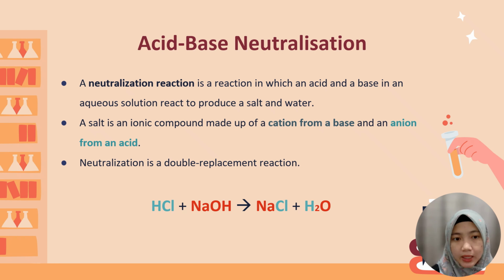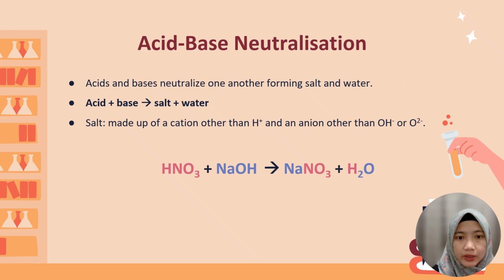This process, neutralization, is a double replacement reaction because we replace the cation and anion between the acid and base solution. Here's another example. We have nitric acid reacting with a basic solution of sodium hydroxide. For the products, we have salt and water.